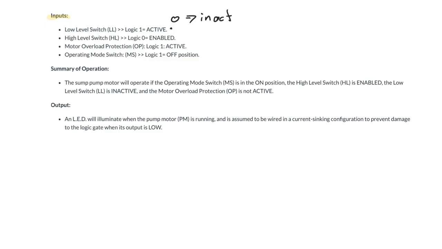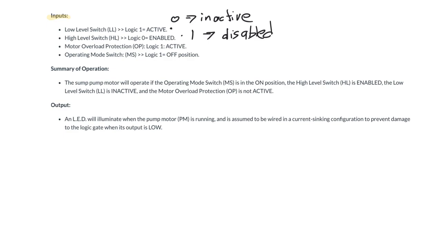Once you know one state, you automatically have the other because there's only two. There's a high level switch, so it's logic 0 when enabled. That means it must be 1 when disabled. Hopefully you see that's fairly obvious.